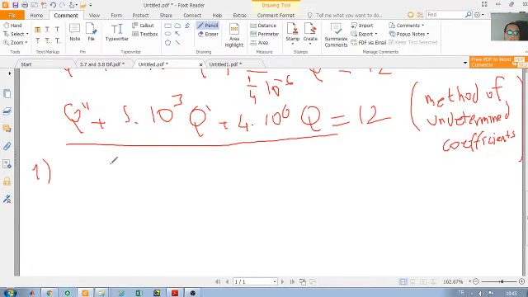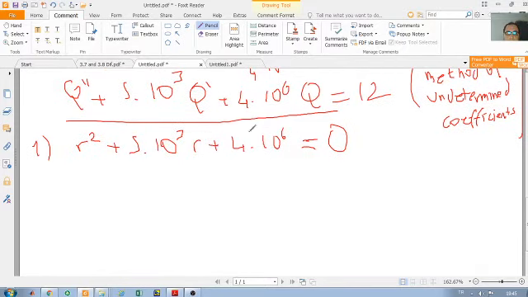So let's find the characteristic equation. It is r squared plus 5 times 10 to the power 3 times r plus 4 times 10 to the power 6 is equal to 0. So from here we should find the middle term after finding the factors of this number.